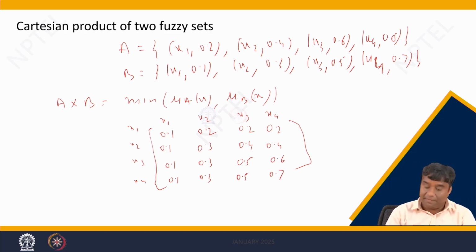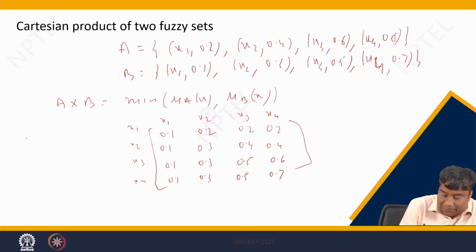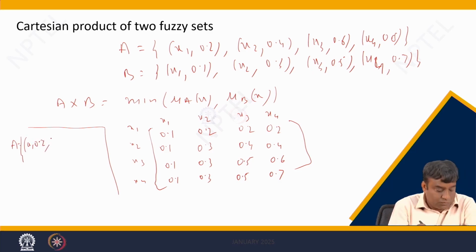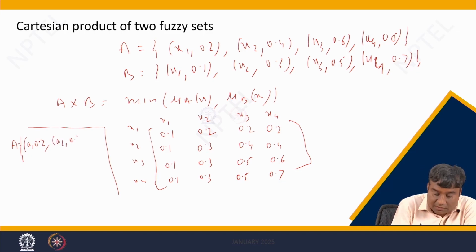Take one small example and try to solve it. Here A is a fuzzy set which is A1 0.2, A2 0.7, A3 0.4, and B is B1 0.5, B2 0.6.